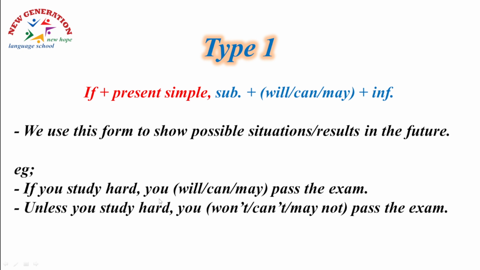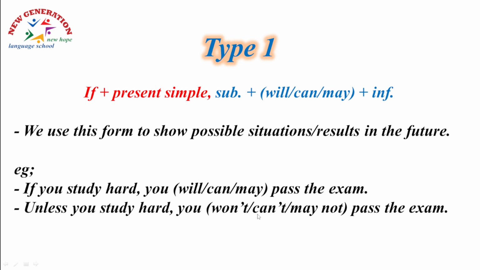To negate, or for the negative form of a conditional, we use unless instead of if, but with a positive form or an affirmative form. Do not use unless with any negative sentence, because unless means if not. So it refers to negation. Unless you study hard, you won't pass the exam.